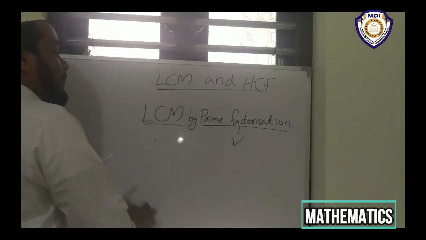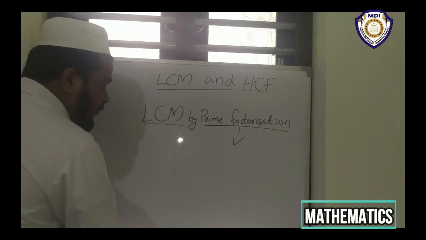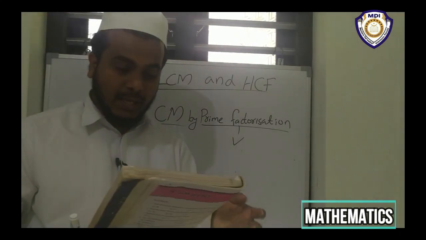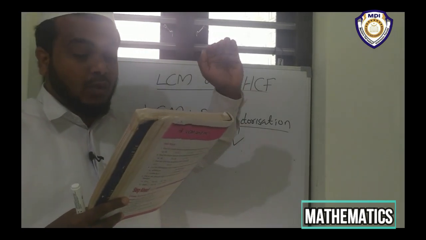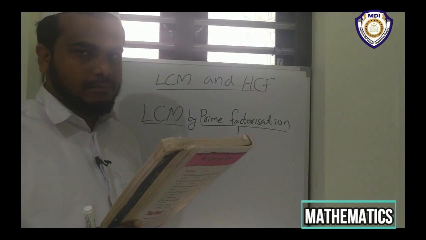So prime factorization can be used to find out the LCM. There are two steps. First step, write all the prime factors of each of the given numbers.